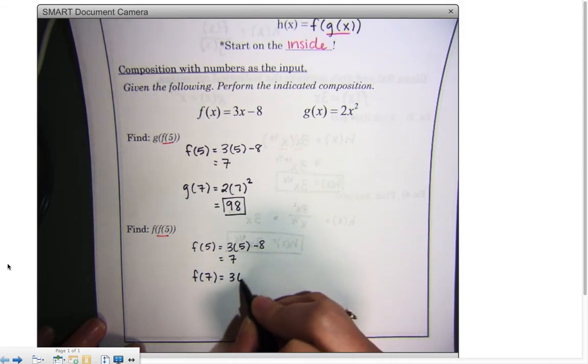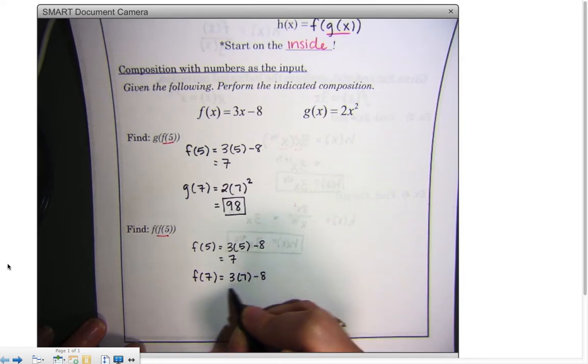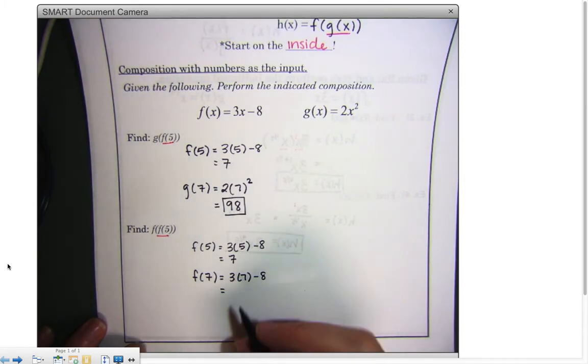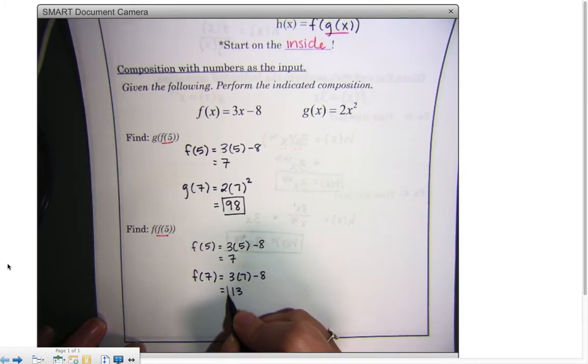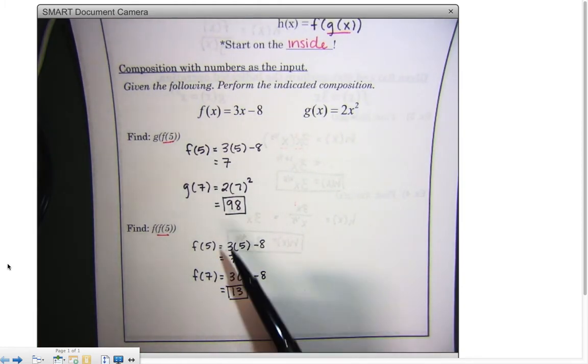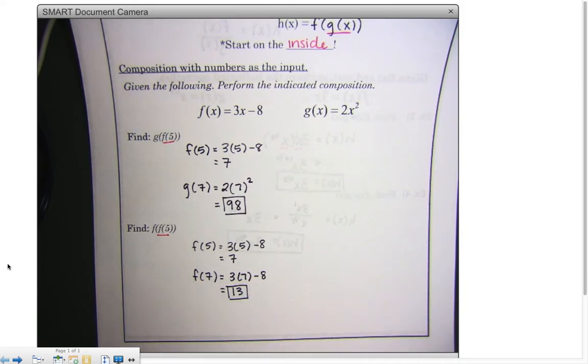So 3 times 7 minus 8. So I've got 21 minus 8 is 13. So if you're doing composition with numbers as the input, you're going to end up with just one number as your answer. But sometimes we're going to do composition where we're not inputting a number, we're just inputting a function.